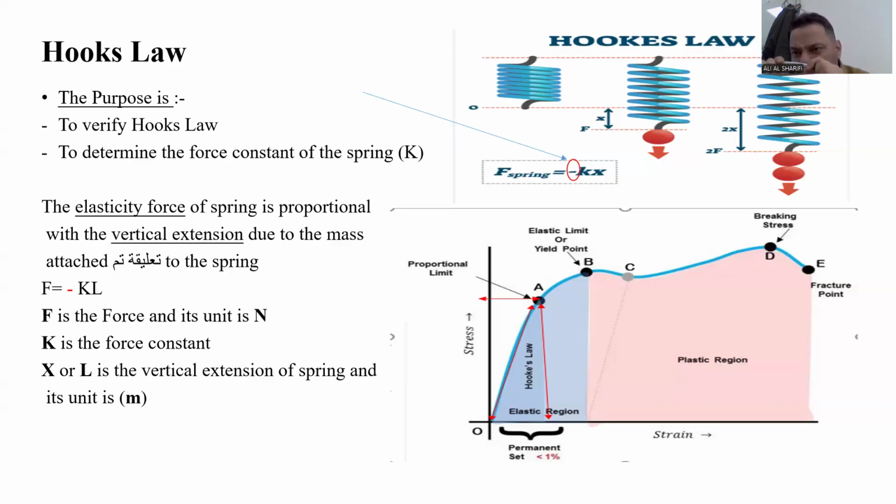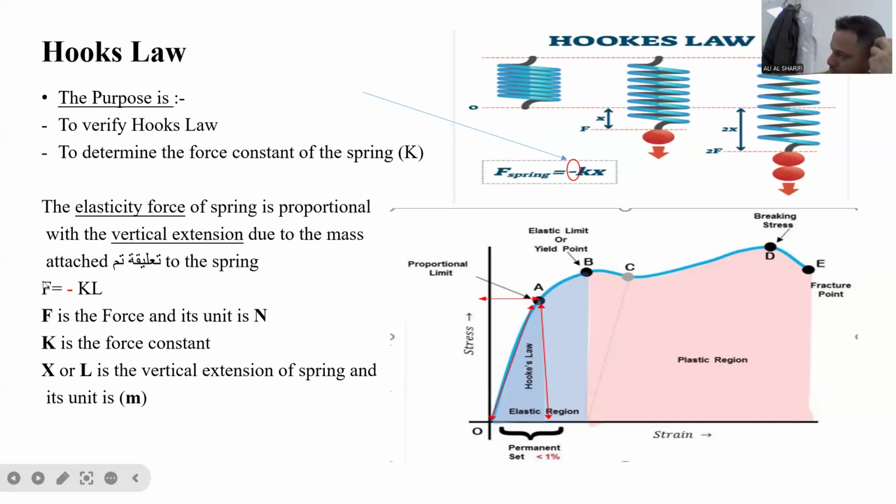If I cross B, this material bar will start to make some fractures until the breaking stress and fracture point, where it breaks into two parts in the plastic region. That means the elasticity or restoring force doesn't work anymore.